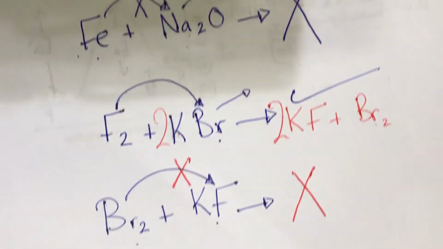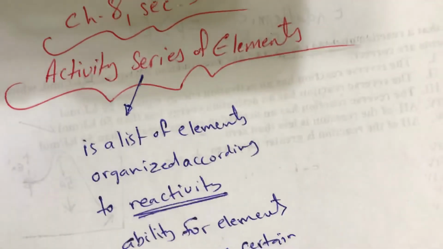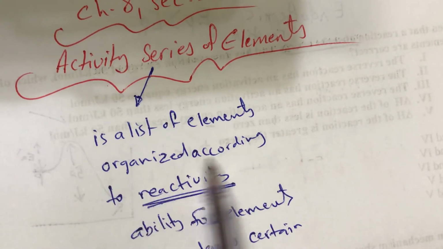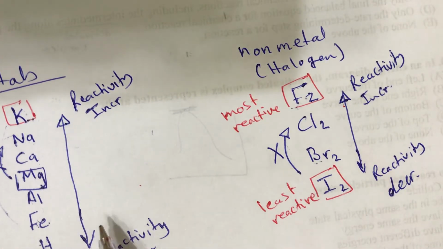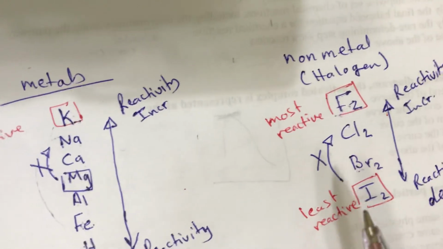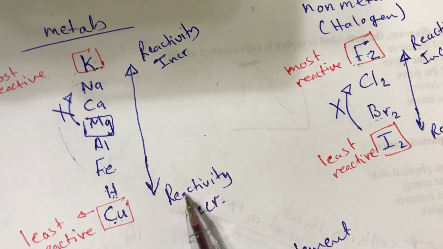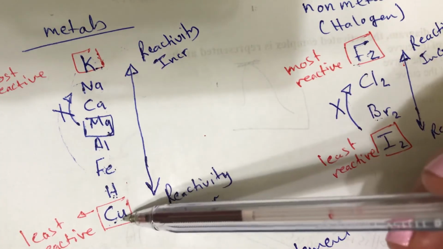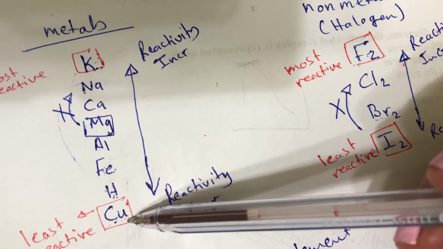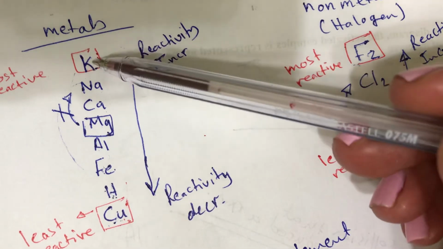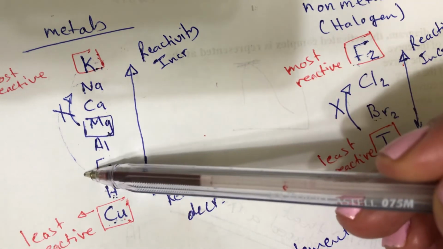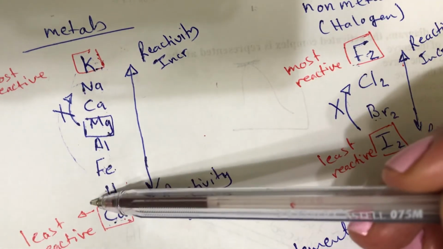So again, the activity series is a list of elements organized according to their reactivity. These are the lists for metals and halogens. You have to know from this list that the most reactive element is at the top of the series and the least reactive element is at the bottom of the series, and the most reactive element can replace all elements below it.